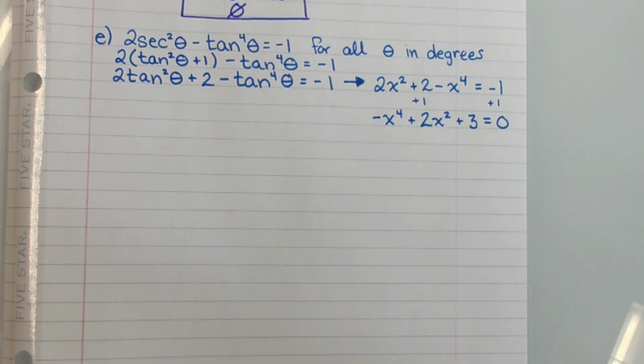Can we factor things with higher powers than 2? The answer is yes. You did it back in advanced algebra. To factor something with a higher power than 2, you can factor it if it can be written as a quadratic-like form.